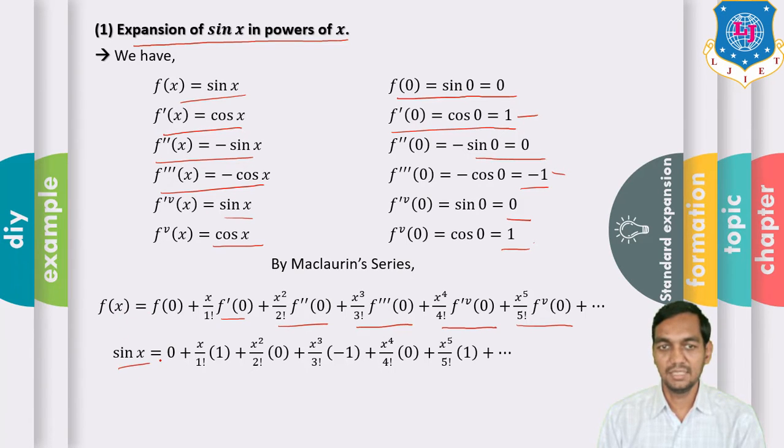This is sin x, f0 has a value 0, f dash 0 has a value 1, f double dash 0 has a value 0, f triple dash 0 has a value minus 1, f4 0 has a value 0, f5 0 has a value 1 and so on. So that will give you the series x minus x cube by 3 factorial plus x raised to 5 by 5 factorial minus dot dot dot. So basically sine has an odd power series.